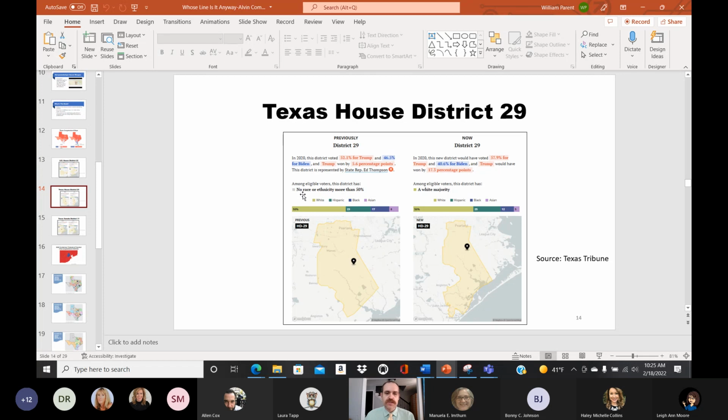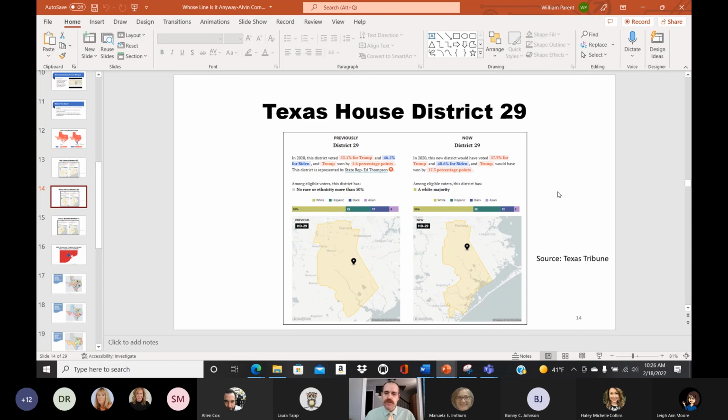Among eligible voters, we see now this district in 2020 would have voted 57.9% for Trump and 40.6% for Biden. Trump would have won by 17.3%, a little over 17 percentage points there.